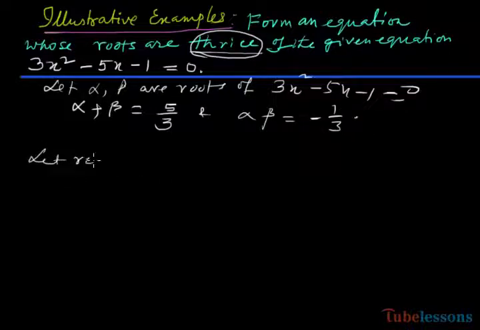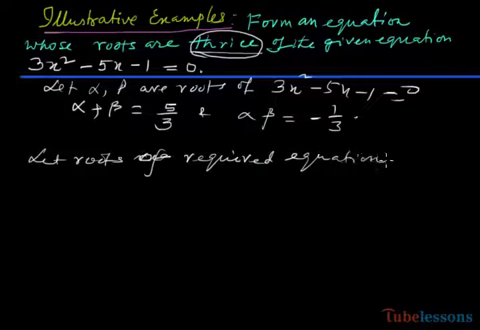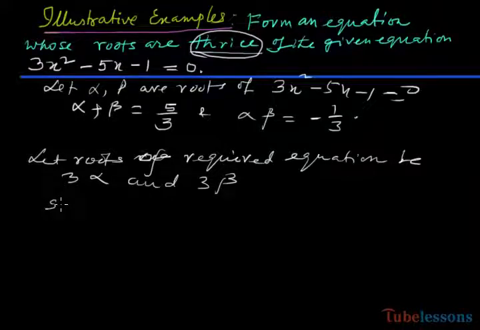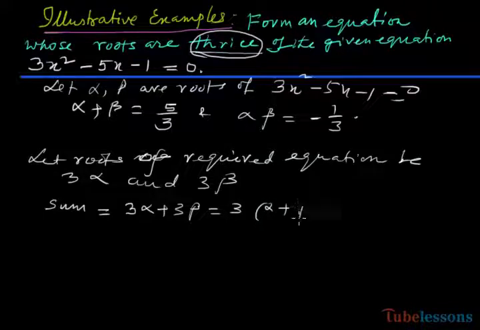Let roots of required equation be 3 alpha and 3 beta. The sum 3 alpha plus 3 beta is equal to thrice of alpha plus beta.